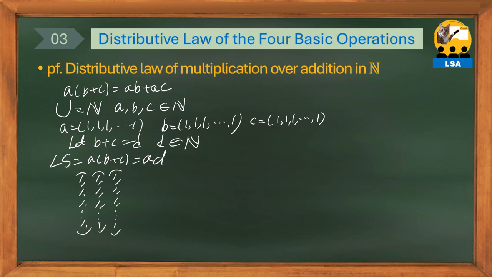The component with a number of ones is repeated D times. The meaning of this operation expression is to add all the ones inside the expression.